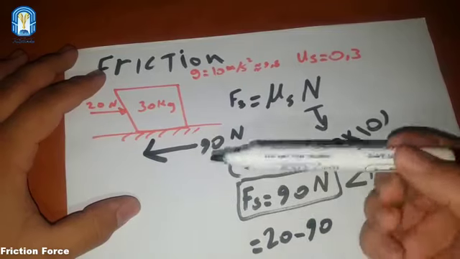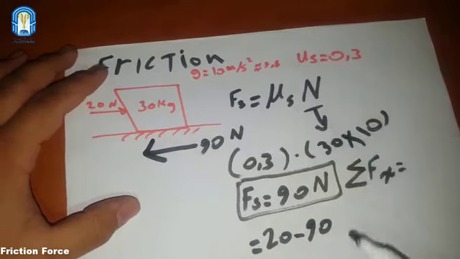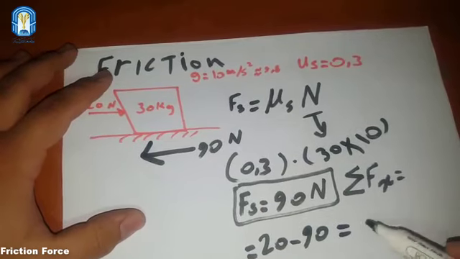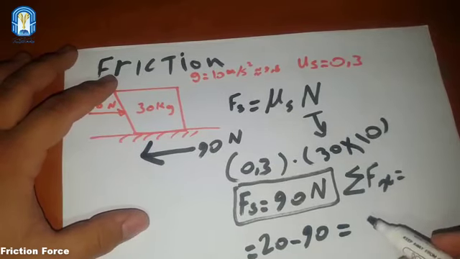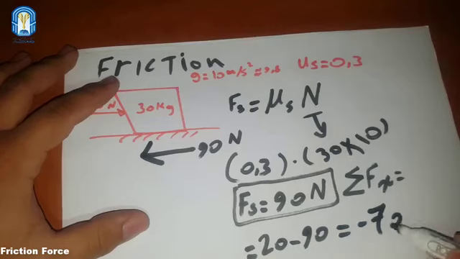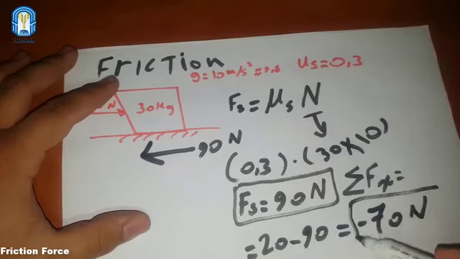Why is it minus? Because it is in the opposite direction. So it equals minus 70 Newton.